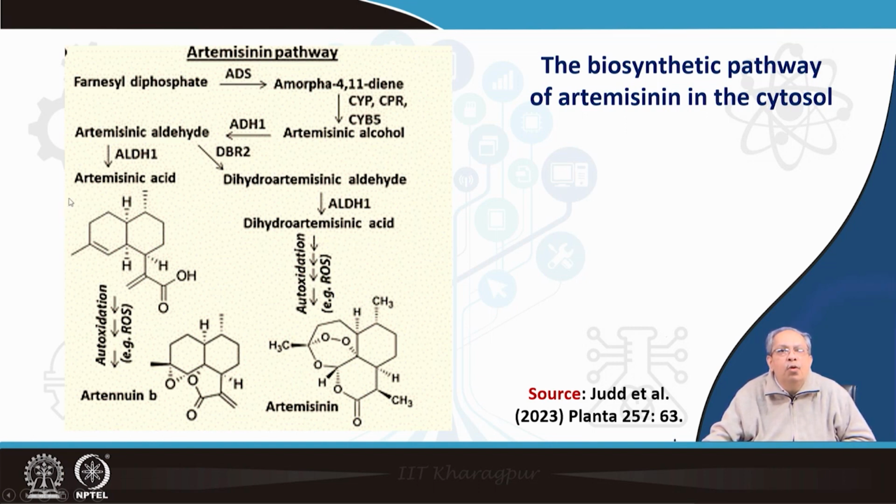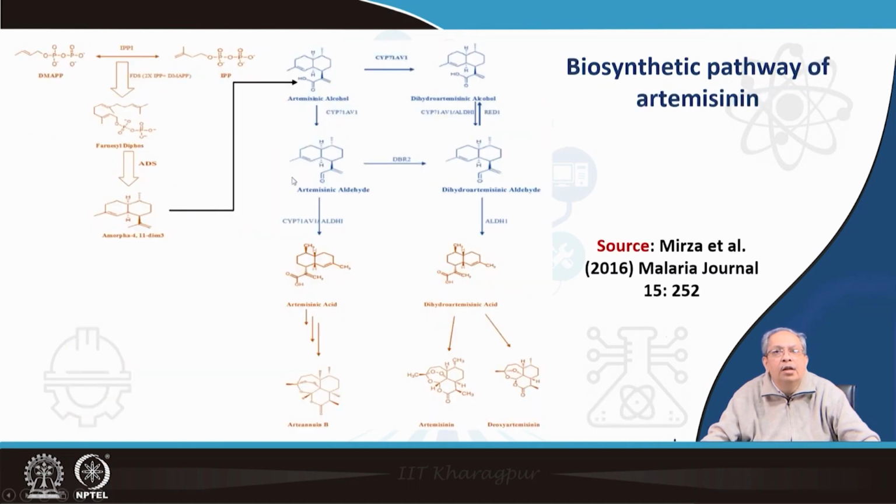So, from artemisinic acid it makes artesunate, but from dihydroartemisinic acid it makes artemisinin. So, this is in general, briefly, the biosynthetic pathway, and this is basically the same thing, only it is more clearly showing the product formation. So, I can skip this one.